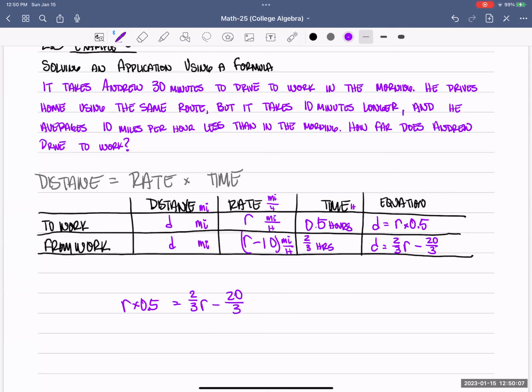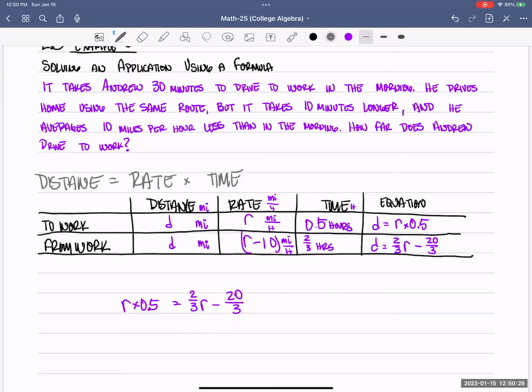I'm so glad we went over that other section because we know how to solve these. Even though it looks really intimidating with the fractions and the decimals, I think we could still do this without having to worry about it too much. So here we're going to look for our LCD. So something that's divisible by 3.